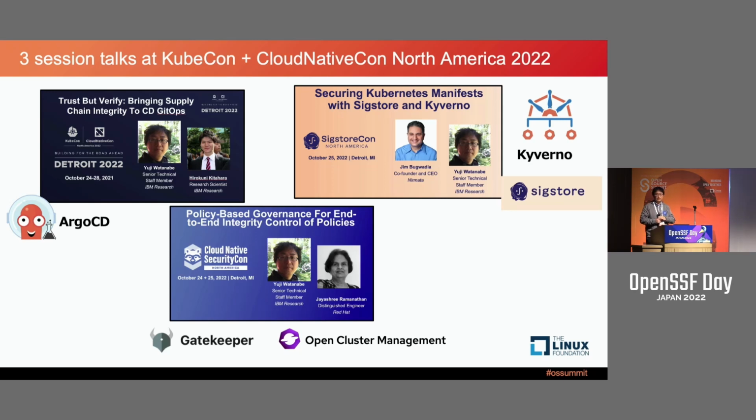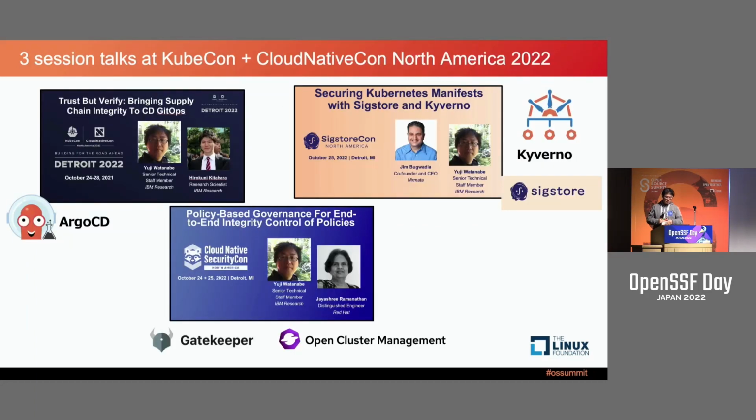All this work is based on the YAML manifest signing technology with Sigstore. This collaboration expanded our activity in this open source community. This was really a happy moment for me.